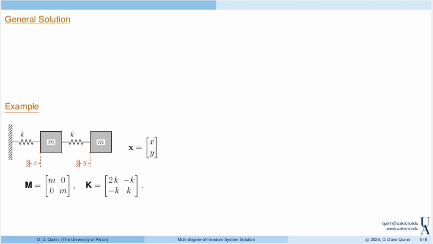Alright, so now let's look at how to actually solve eigenvalue problems. The general solution is determined by what's known as the characteristic equation.